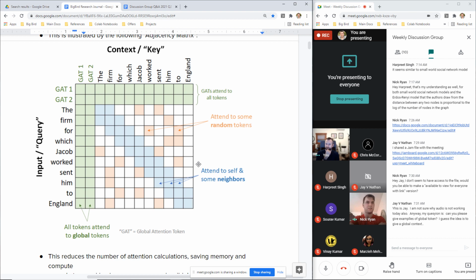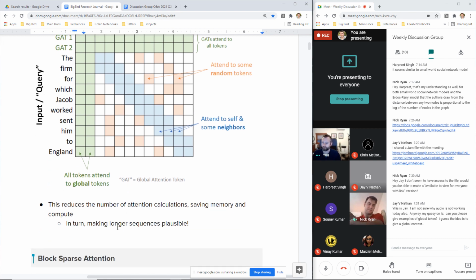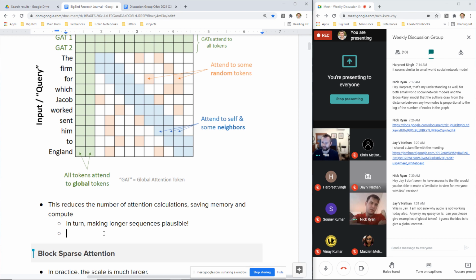And for ITC, Chris, you were saying they just pick the first and last block? Yeah. So it's the first 64 tokens and last 64 tokens, with the block size configurable. That is something you can change, but the default is 64. Okay. Yeah, I like that analogy. It's like the global tokens are similar to BERT's special tokens like CLS.